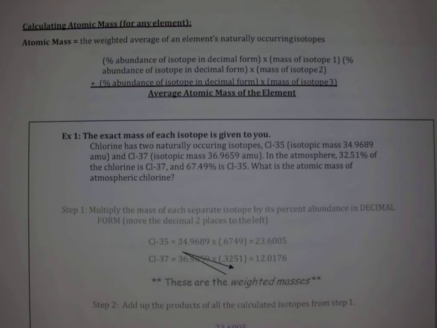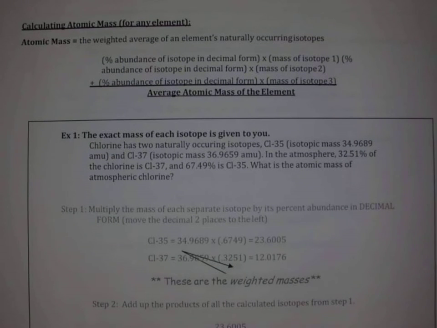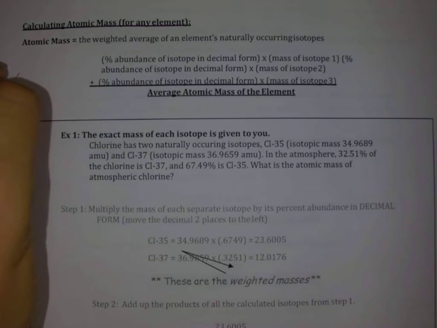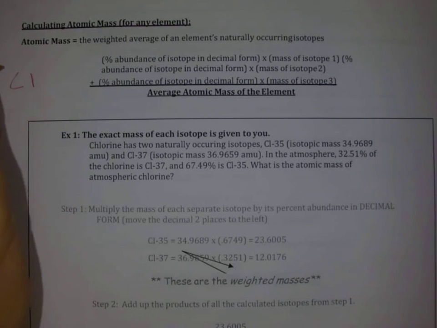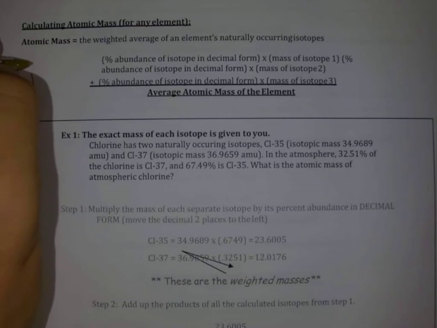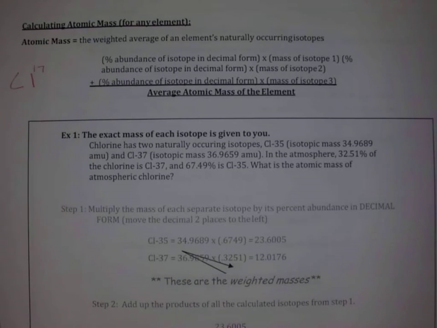All right, so today what we're going to talk about is the average atomic mass. If we look at our periodic table, something like chlorine, we have our atomic number on there that is 17. But when we look at the atomic mass, we see that it's not a whole number.